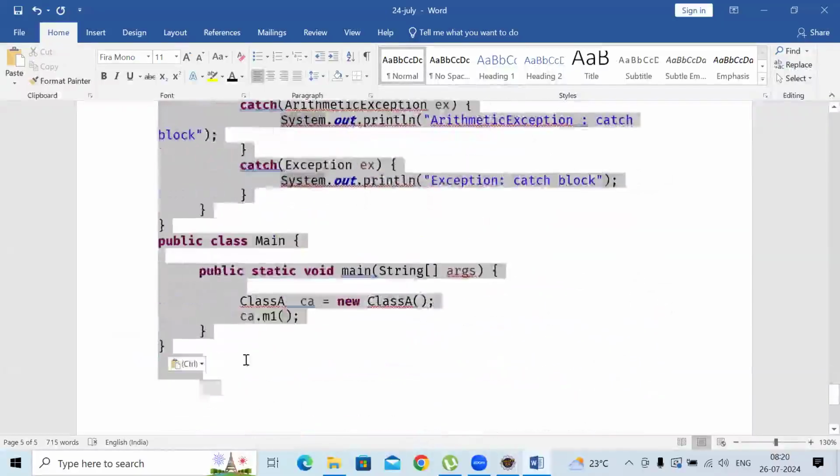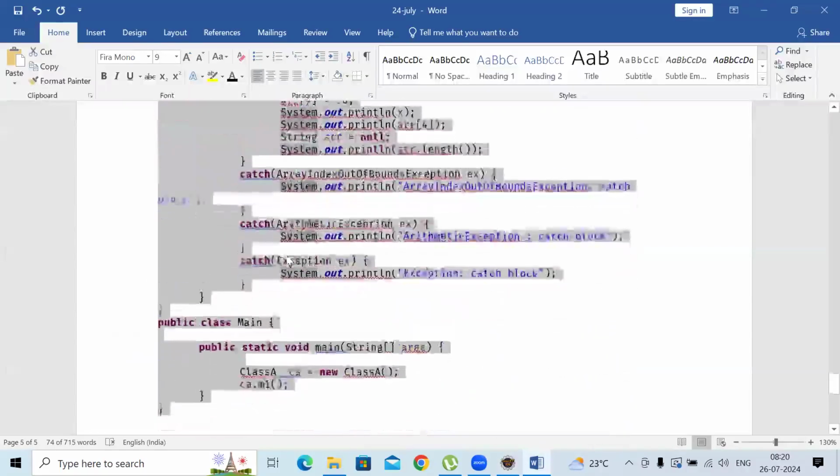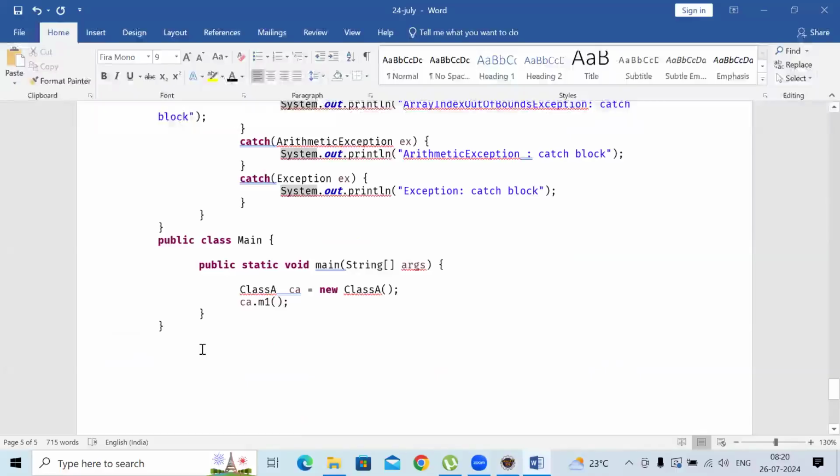I want to copy this example for you to practice. Could you tell me what is the output of this code? Infinity, 50, Exception catch block.